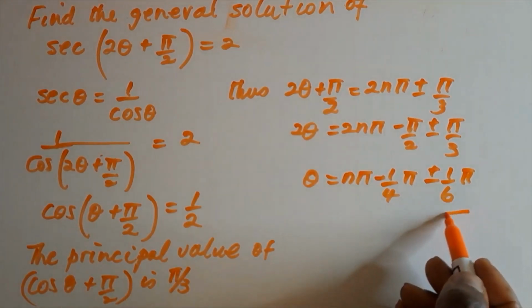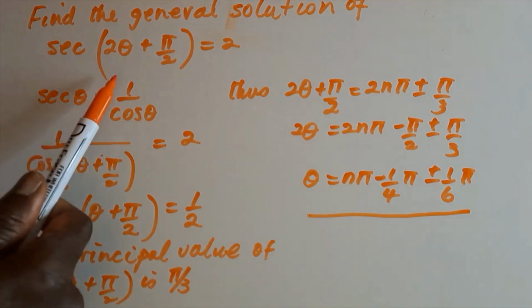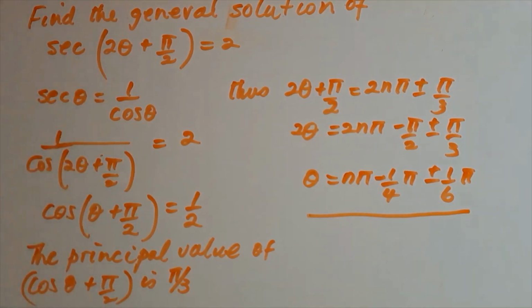So this final result is our general solution to sec 2 theta plus pi over 2 equal to 2.